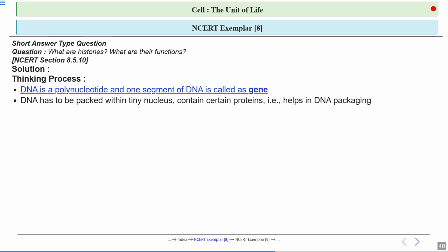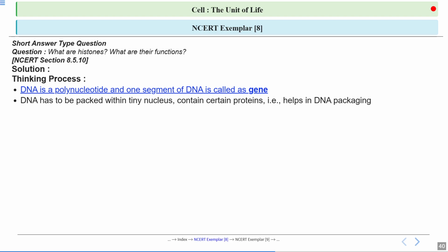DNA has to be packed within a tiny nucleus, and the DNA is a very, very long structure. The cell we cannot see, so you can imagine how small the nucleus can be. Human DNA can be 2 meters long, and you can imagine how this 2-meter-long thread can be present inside the nucleus of a cell that you cannot see.